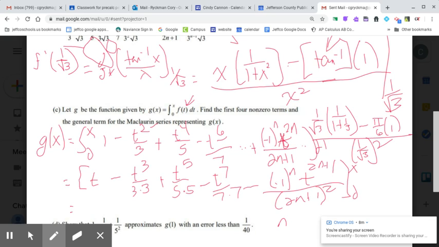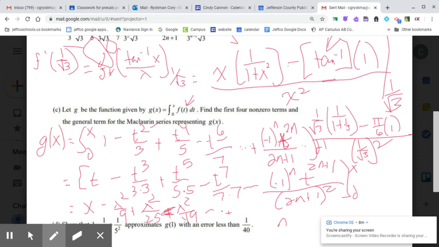Plug in an x doesn't do anything but change all the variables to x, and so x minus x squared over 9 plus x squared over 25 minus x squared over 49. And then you can see the last one.